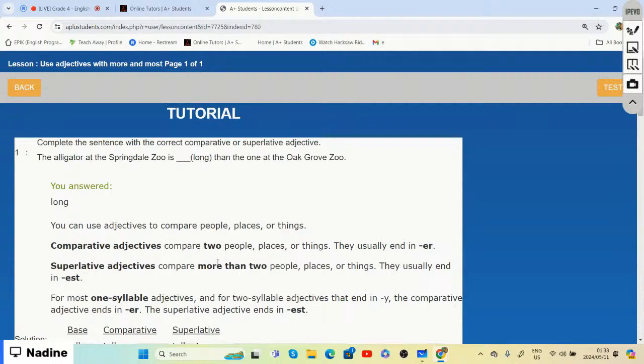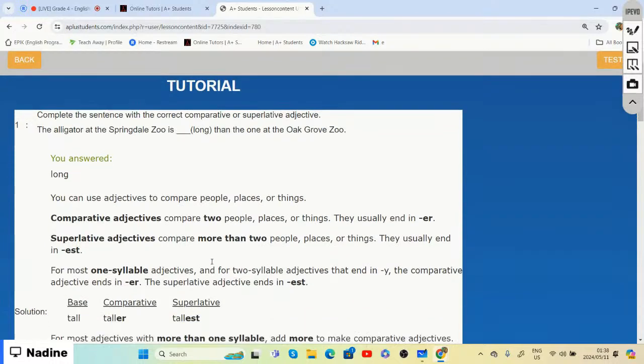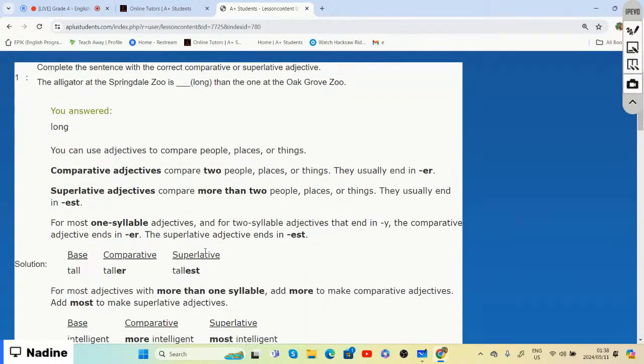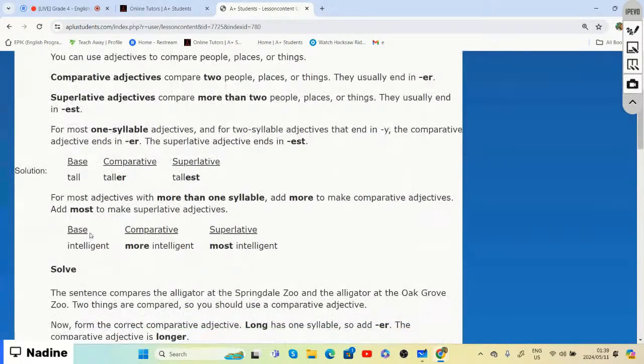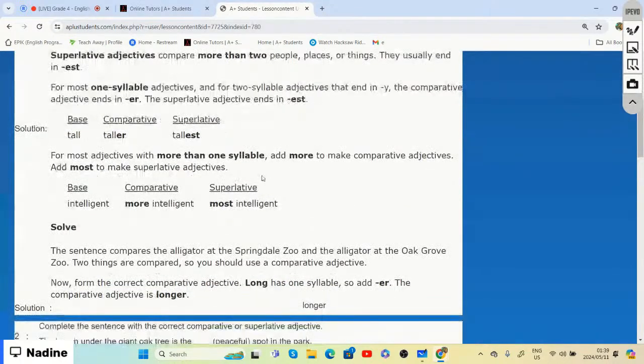All right. So we're going to put more in front of a specific word if we are showing adjectives that compare, specifically comparative adjectives. And we're also going to add most in front of the superlative adjective. So if there's more than one syllable, we add more to our comparative adjective and most to a superlative adjective.